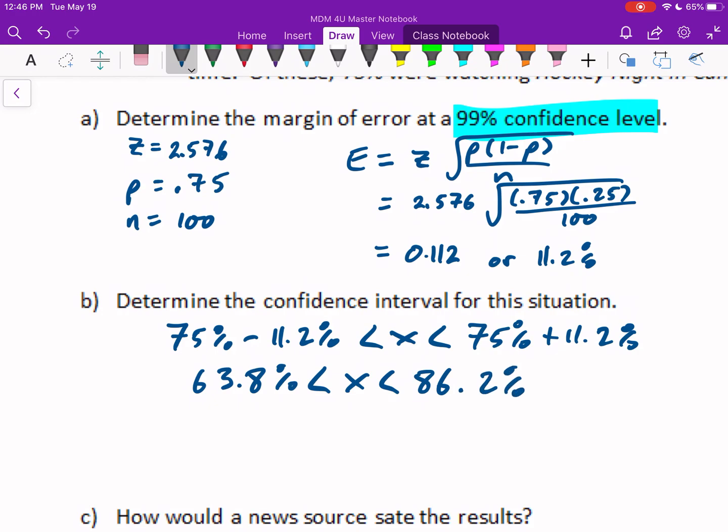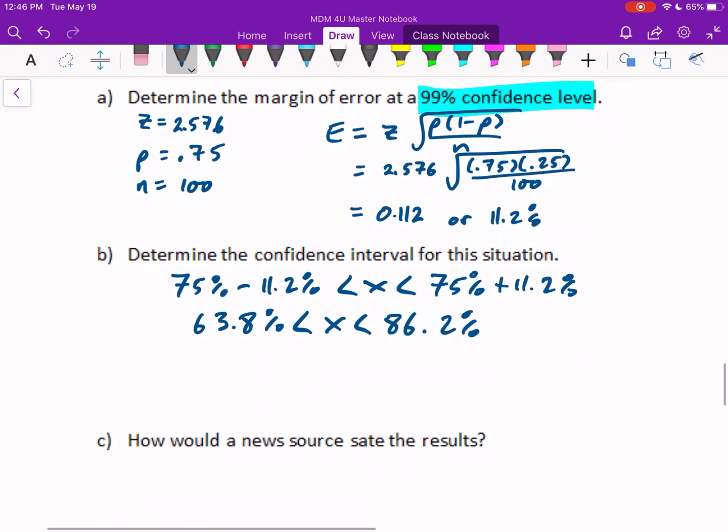So we can be 99% confident that between 63.8% and 86.2% of the population is actually watching Hockey Night in Canada.